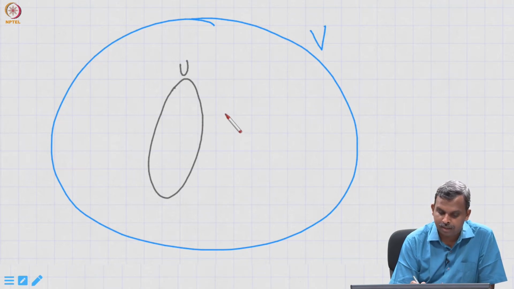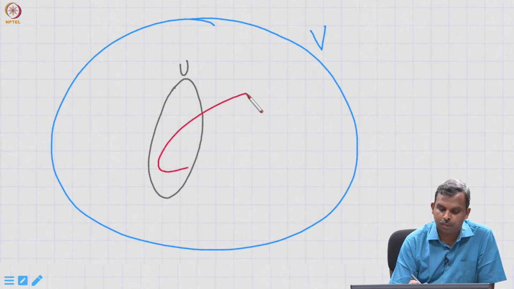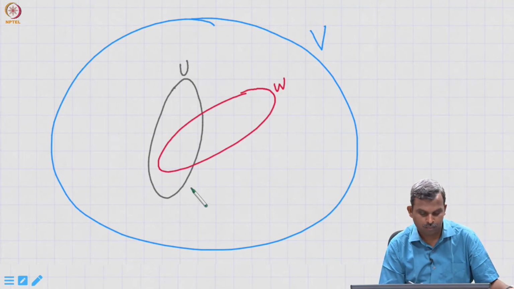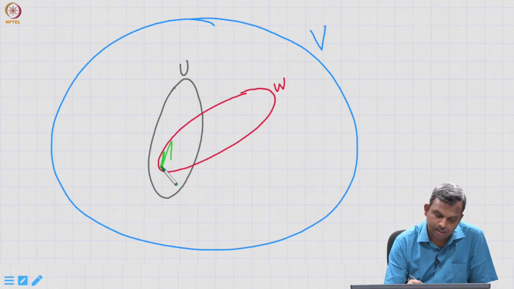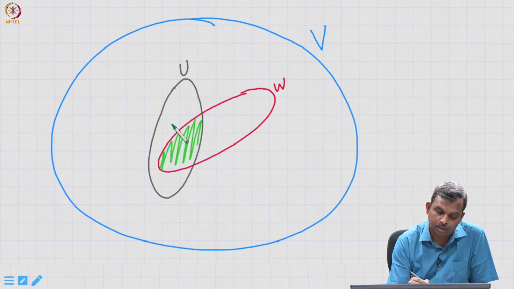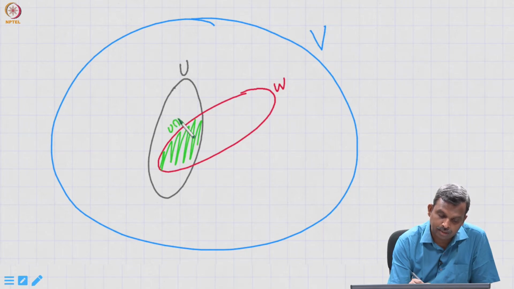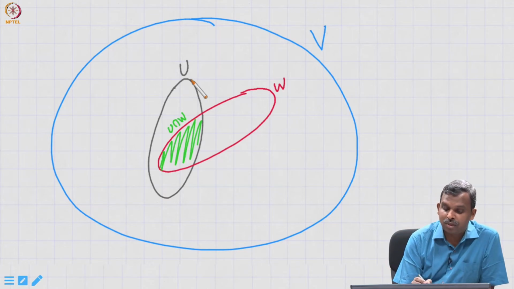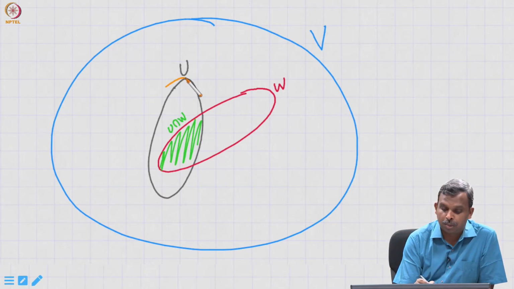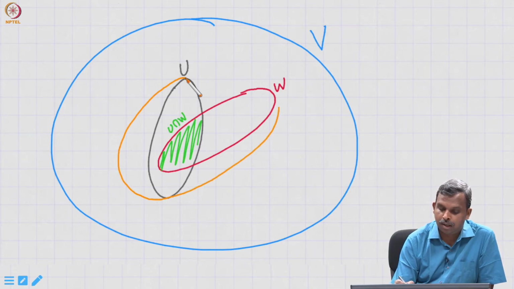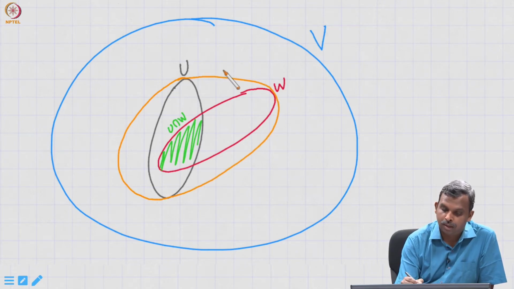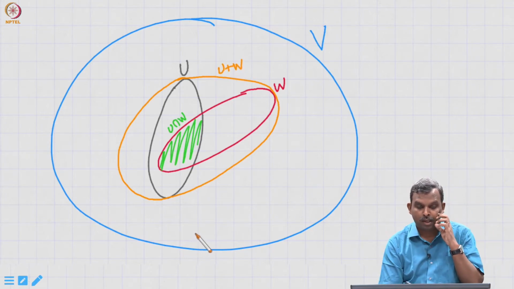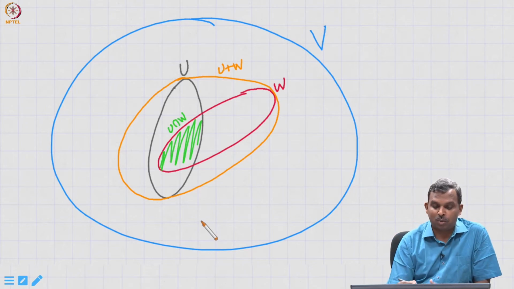Let us say this is W, okay. This is the intersection, okay, and that is U intersect W. And then you will have the summation, okay. So maybe that would be something like that, okay. That is U plus W, okay. So now you can sort of imagine why this is true.